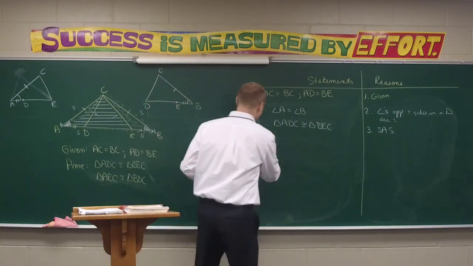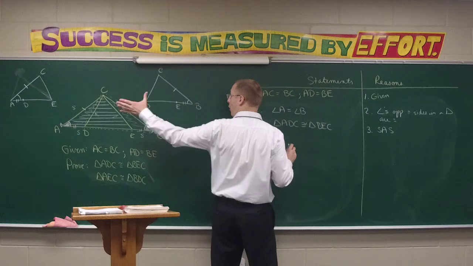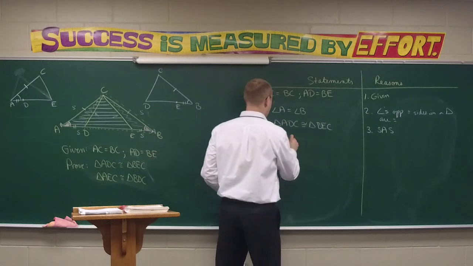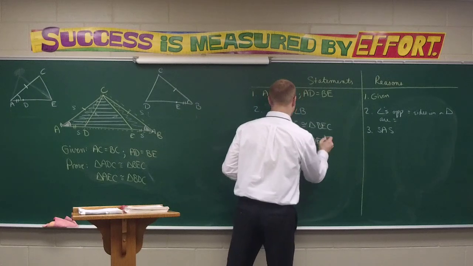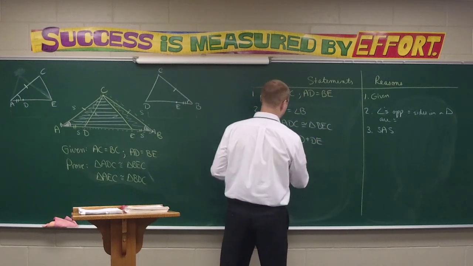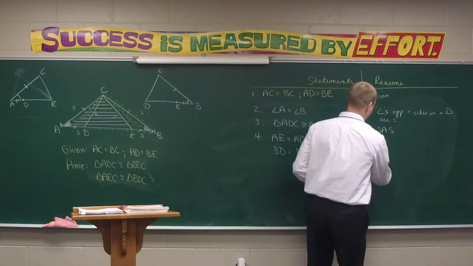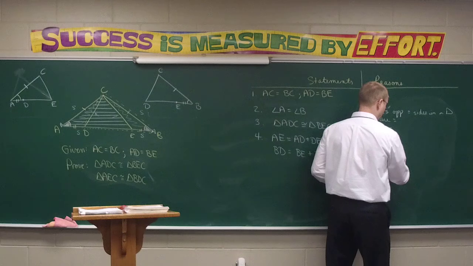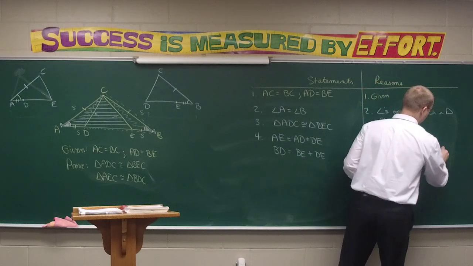But hopefully we thought, well, I know that the whole thing, AE, is equal to the sum of its parts, AD and DE. And I know that this whole thing, BD, is equal to the sum of its parts, BE and DE, because the whole equals the sum of all of its parts.